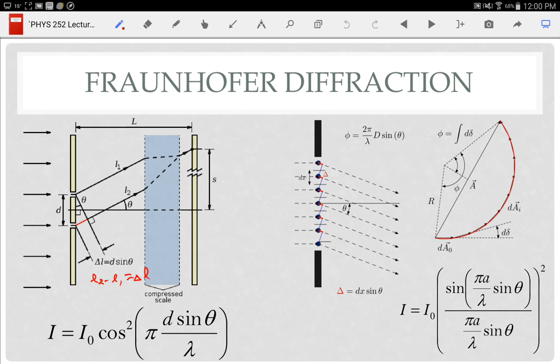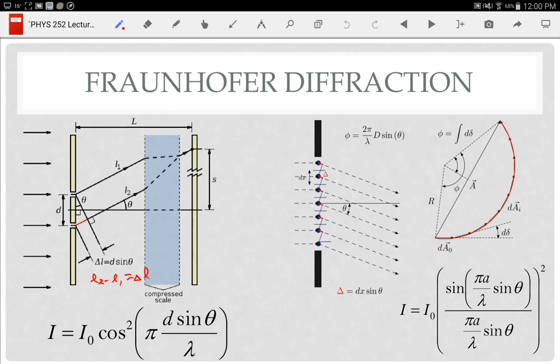We did the graphical integral by breaking this up into an infinite number of really tiny slits, with each slit having an E0 cosine of omega t plus 2 pi path length over wavelength. But that path length is different for each one of those little imaginary slits.